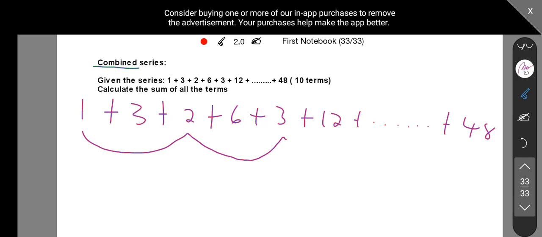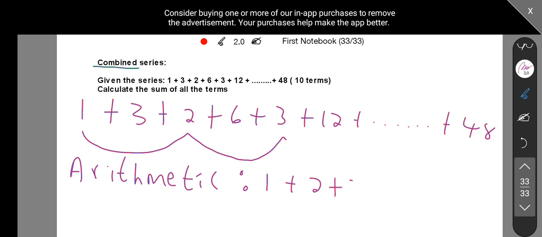Okay, it's 1 plus 2 plus 3. It's the arithmetic part. Let's write it. Arithmetic part is 1 plus 2 plus 3, and they add up to 5 terms, because we said that if it's an even number of terms, this means that the geometric and the arithmetic are the same.